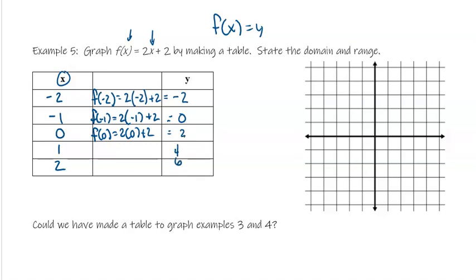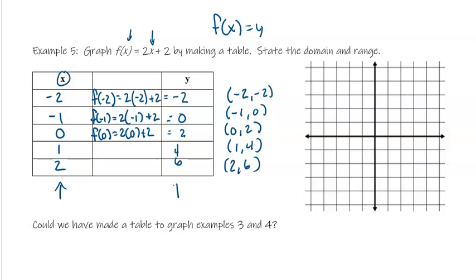So now I can create some coordinate points using those numbers. X value is -2, y is -2; -1, 0; this one is 0, 2; this one is 1, 4; and this is 2, 6. So you just make coordinate points out of the x value and the y value.